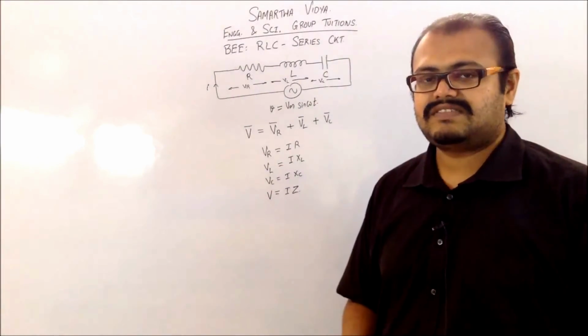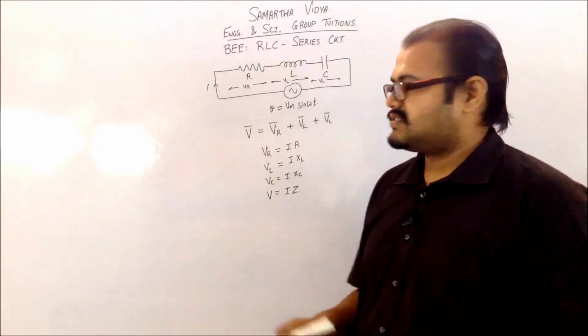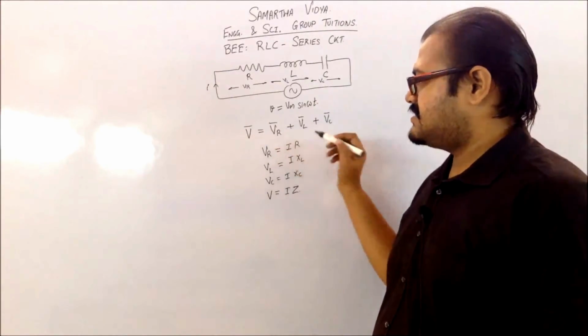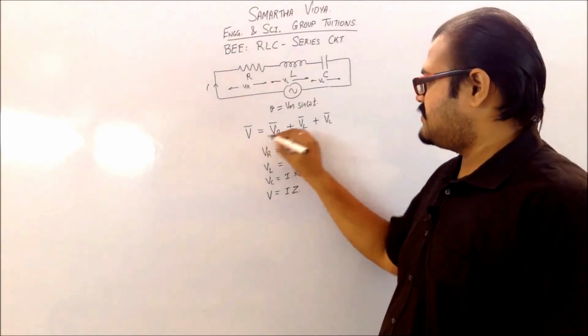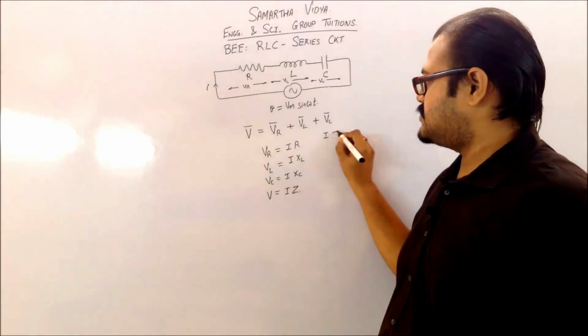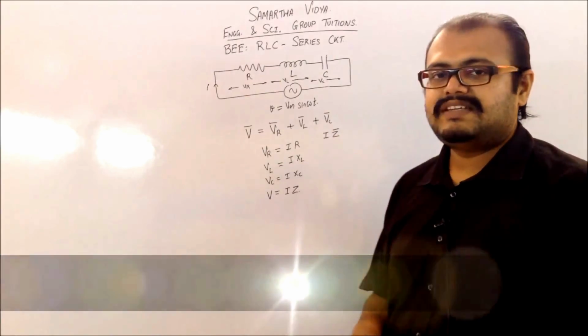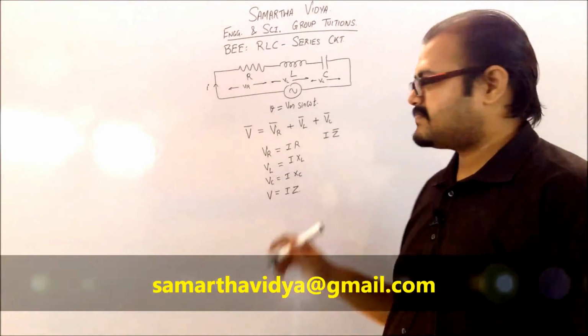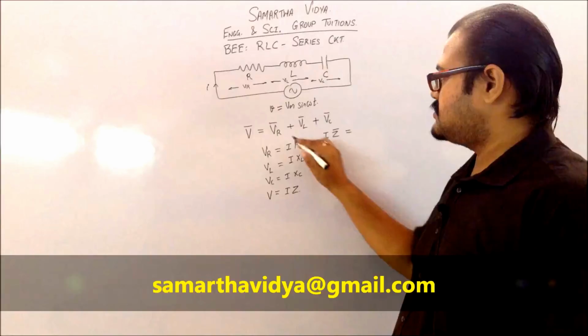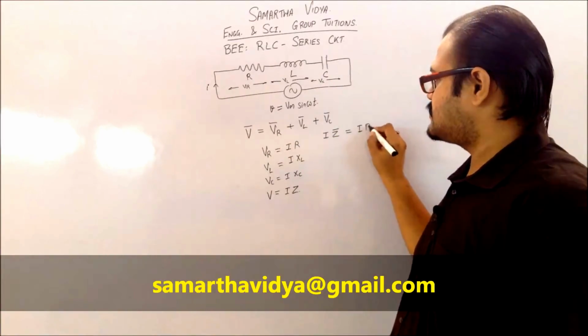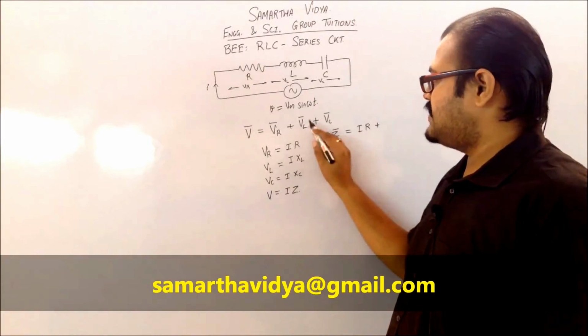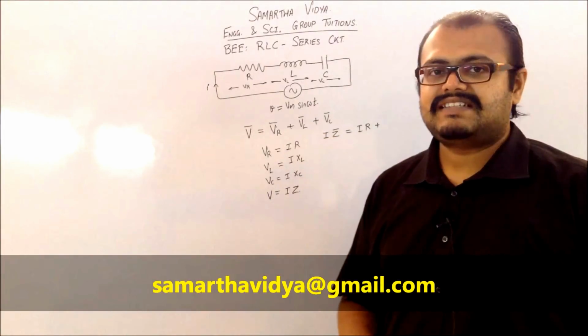When we substitute in phasor format, V will be represented as I into Z bar, the phasor for the impedance. This will be equal to VR, which is IR, plus VL, which should be represented as a phasor.